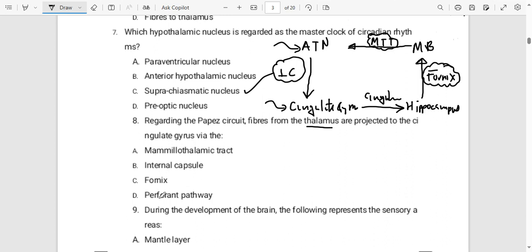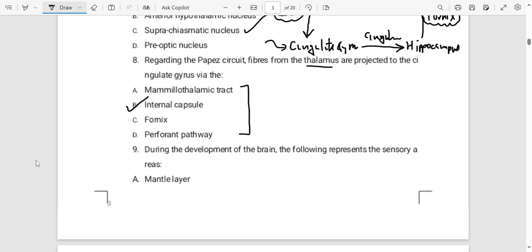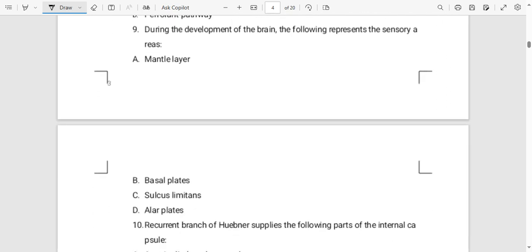Just say something. Which one is going to be the answer? It's the internal capsule.